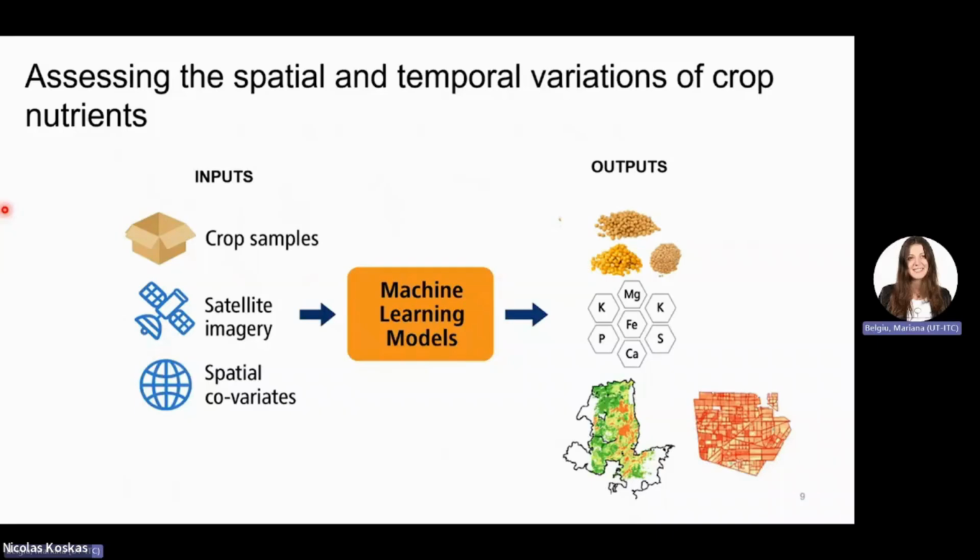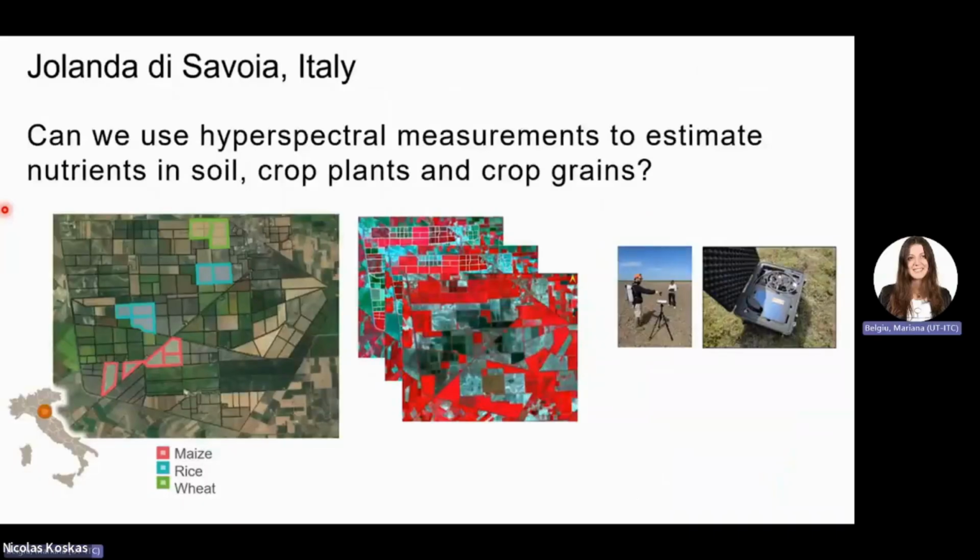In the presentation today, I would like to share with you two approaches: how we do this crop quality assessment at the farm level, and also how we implemented the same approach to assess the nutritional quality of crops in Ethiopia.